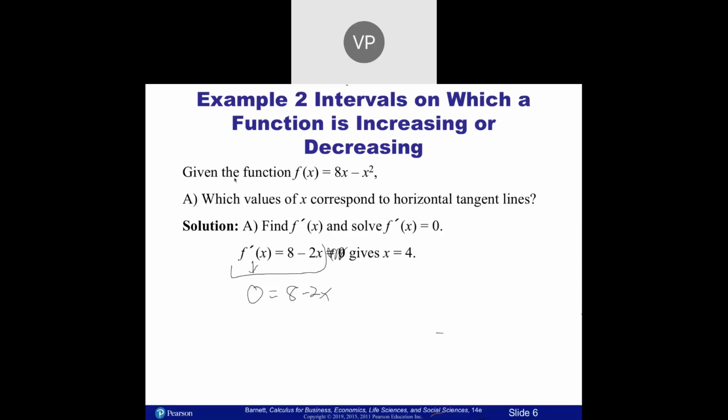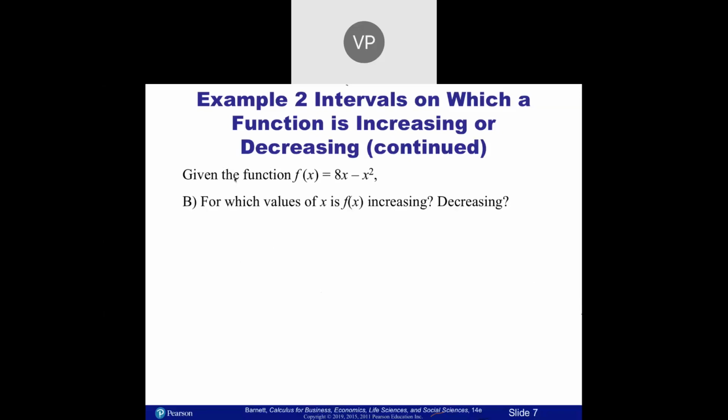Either way, as long as you make this quantity equal to 0, and then of course when you solve it, you get 2x equals 8, x equals 4, and that's saying you're going to have one place on this graph where you're going to get a maximum or a minimum, where you're going to get a horizontal tangent line, and that's when x equals 4. Okay? So right there at x equals 4.